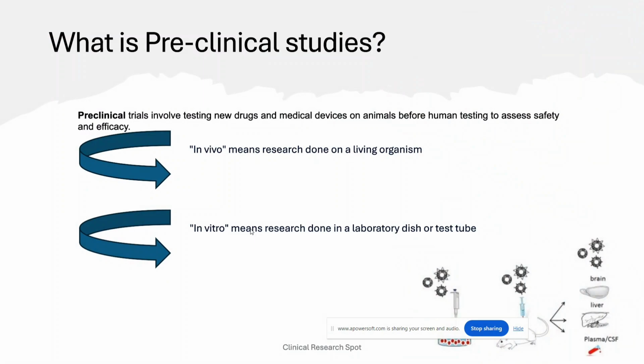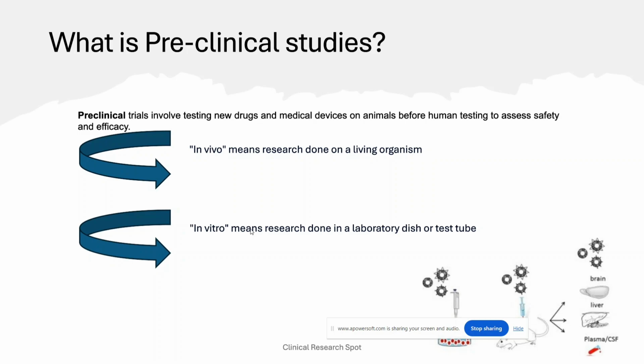In vivo means the research is done on a living organism. Researchers use mice, rabbits, guinea pigs, monkeys, and different animals for testing the drug. The second type is in vitro studies, where the research is done in the laboratory, in petri dishes, test tubes, and cell cultures. So in preclinical studies, in vivo and in vitro studies are involved.